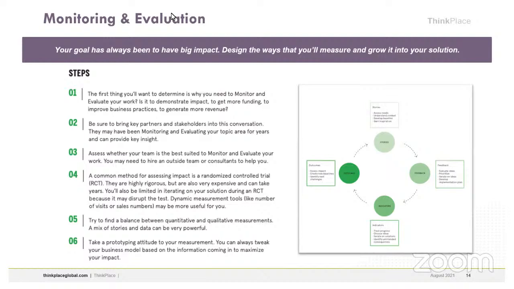A common method of assessing impact is a randomized controlled trial. They are highly rigorous, but they're also very expensive and can take years. You'll also be limited in iterating on your solution during the randomized controlled trial because it may disrupt the test.